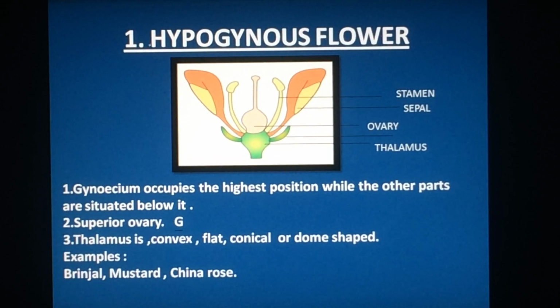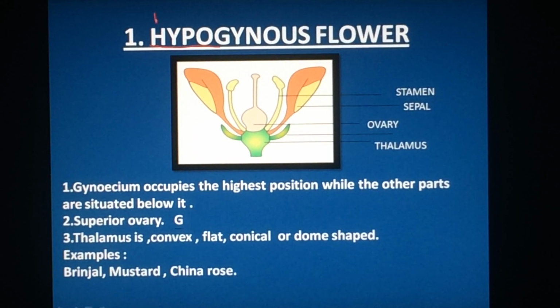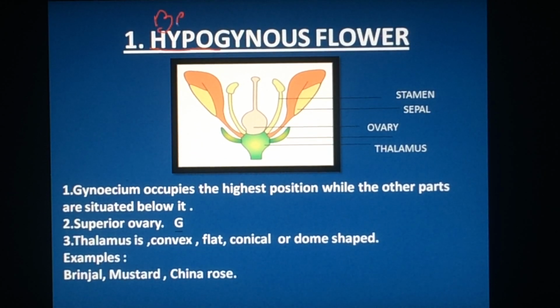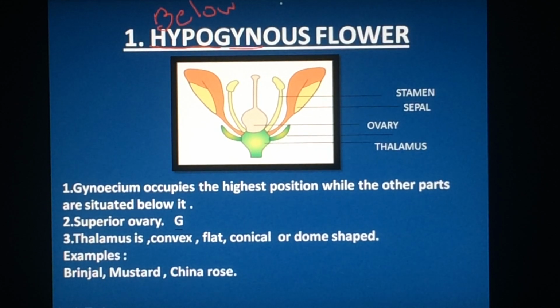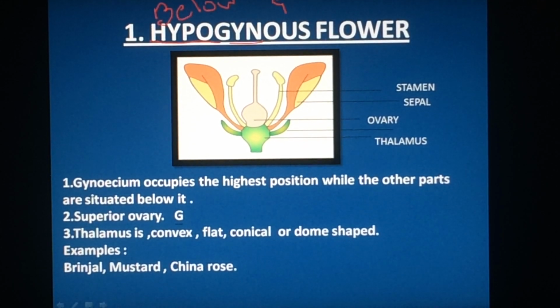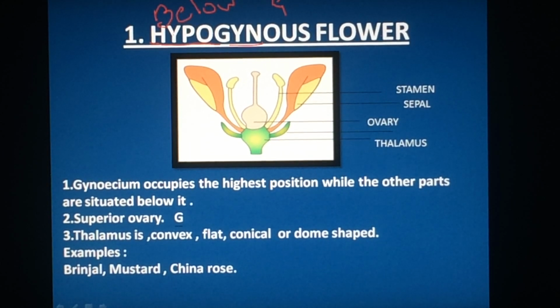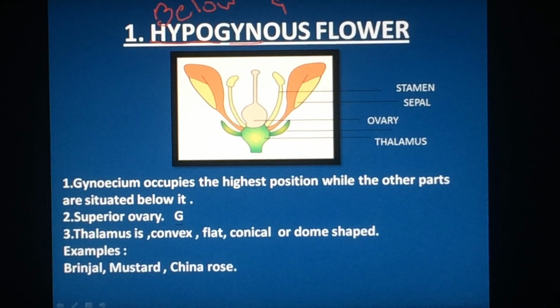So first one, hypogynous flower. Hypo, below. Gyne, gynoecium. Gynoecium, where ovary is present. What is the meaning of this? Hypo, below. Gyne, gynoecium.